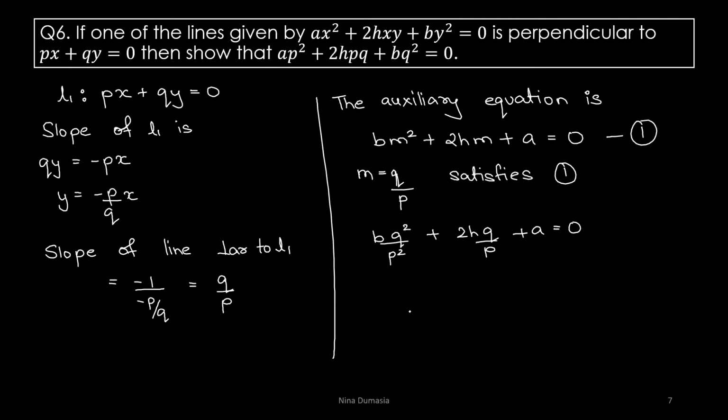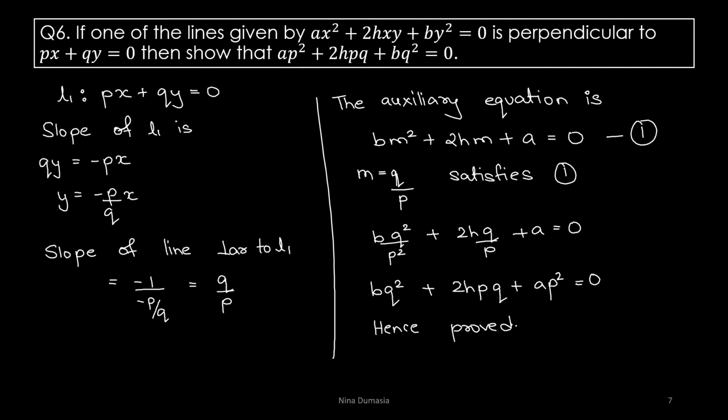We will multiply by p square throughout, so we get bq square plus 2hpq plus ap square is equal to 0. And बस इसको rearrange करेंगे तो we have already shown. So therefore we can just write hence proved.